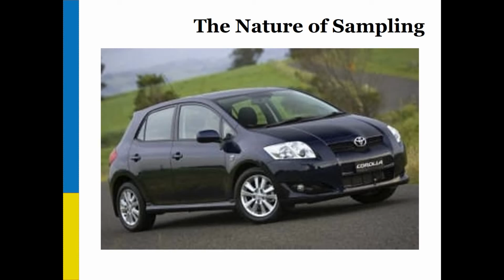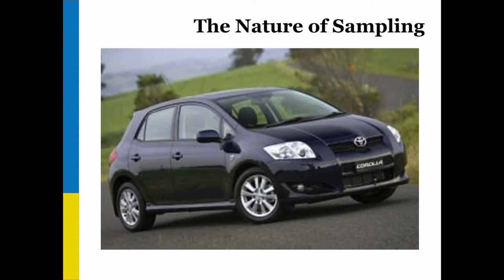Now, it'd be impractical to check every single Corolla in Australia to find out the proportion that have a defective airbag. So we may take a sample, let's say 100 Corollas, and from those selected, hopefully we'll be able to learn something about the population of all Corollas in Australia.